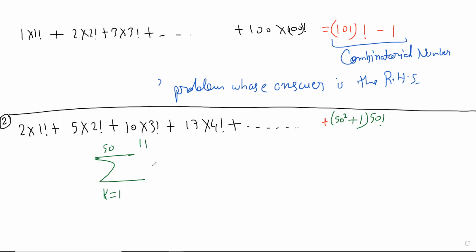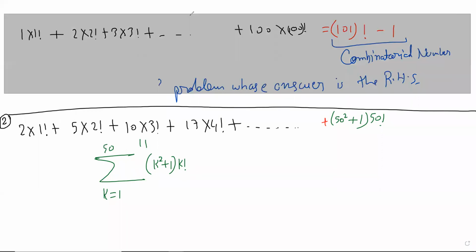At each term you are taking the kth number, squaring it, adding a 1, and then multiplying by k factorial. This is just a notation. It's not necessary, but it can help you think about what to do.